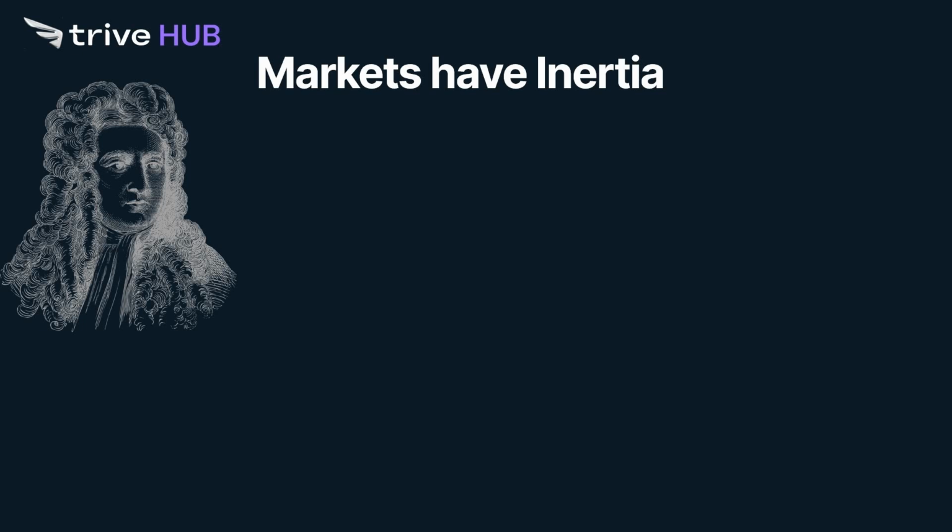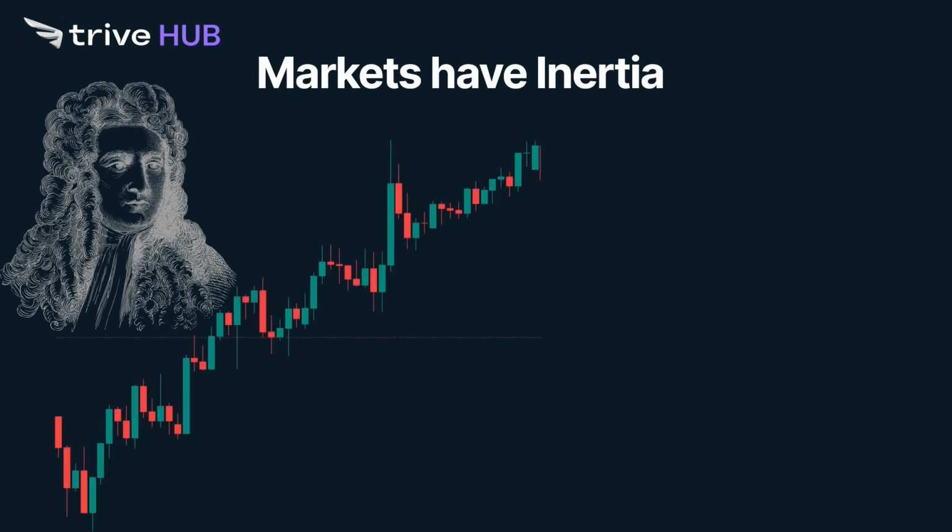This is true for trends also. Here you can see this uptrend is going on, right? The market also follows that particular rule: if an uptrend is going on, then it will remain in an uptrend unless and until any opposite force is applied. Markets tend to continue what they have been doing.